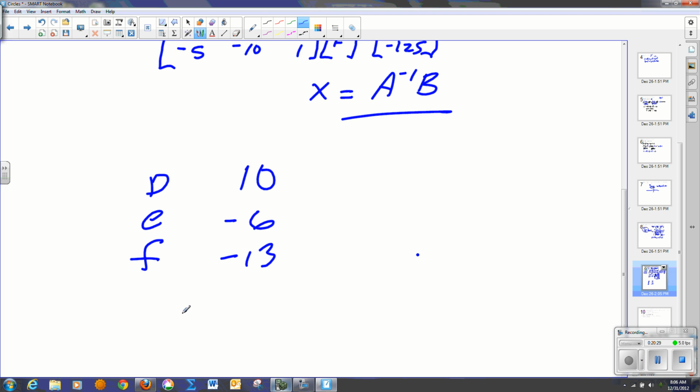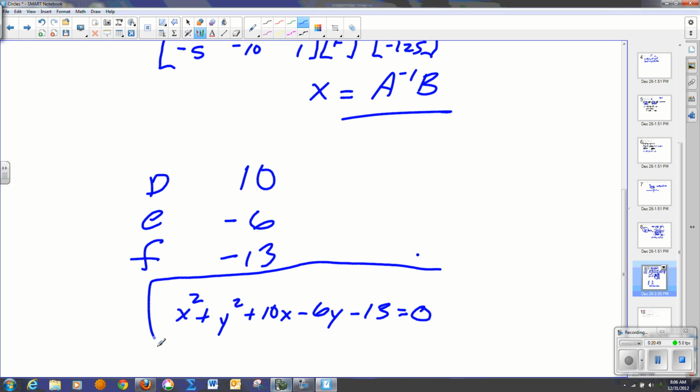So I have x squared plus y squared plus dx plus ey plus f equals 0. And that's my general equation.